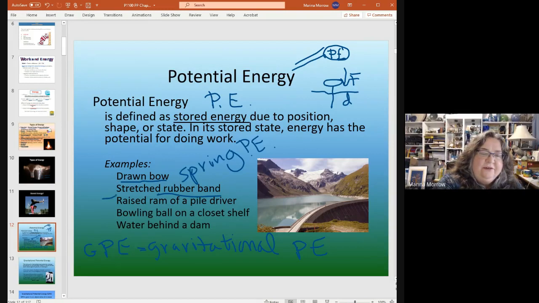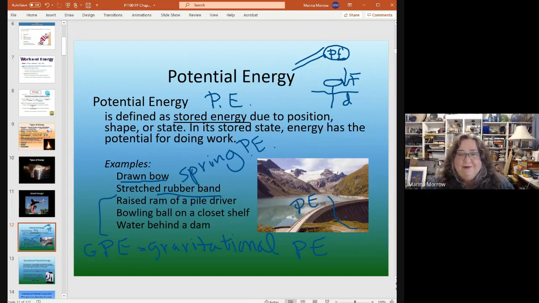And so you can raise the ram of a pile driver, put that bowling ball on the closet shelf, put some water behind a dam. The water behind the dam has potential energy. When it goes down through the pipes in the dam to where the generators are, the turbines, then it turns that potential energy into kinetic energy and eventually electrical energy.